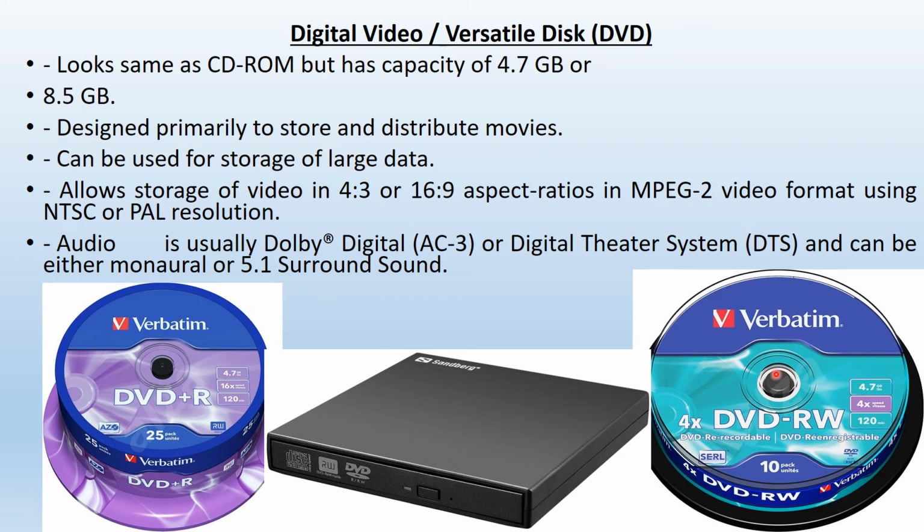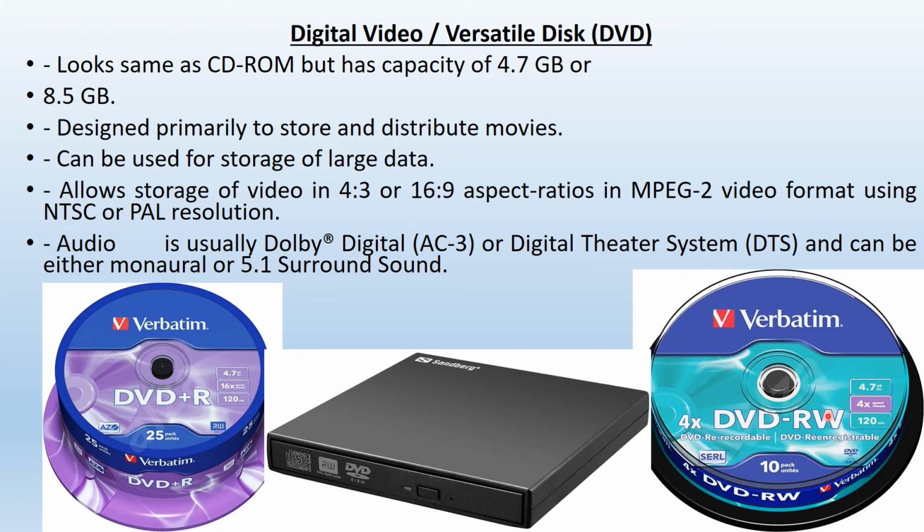It is designed primarily to store and distribute movies. Their main purpose was movies, and I still see movies on DVDs. For example, you have Blu-rays and other things, which are more advanced right now. But as you can notice, the DVD-R and the DVD-RW, as I explained in the past slide, are the same thing.